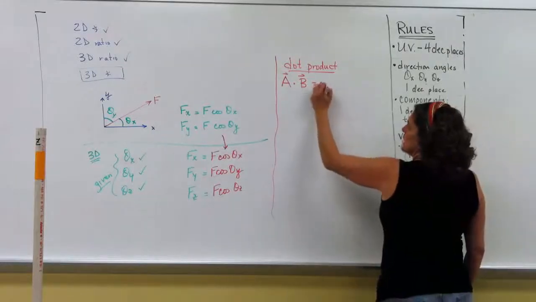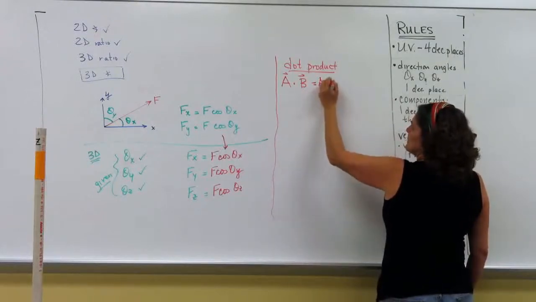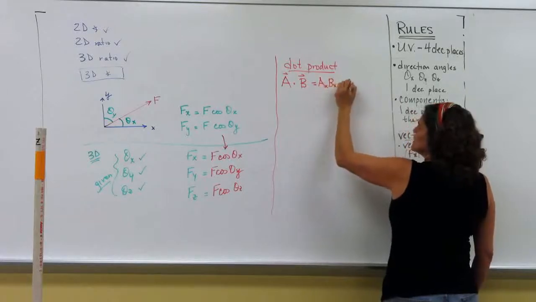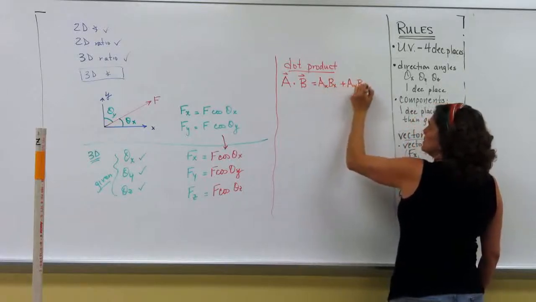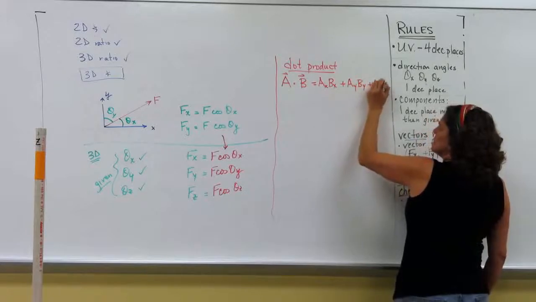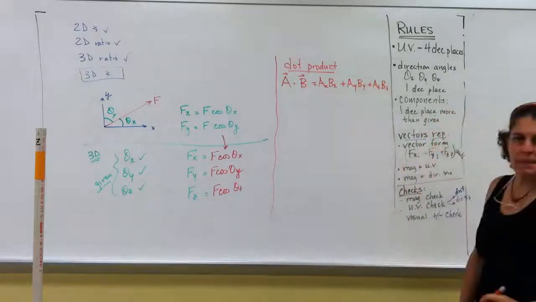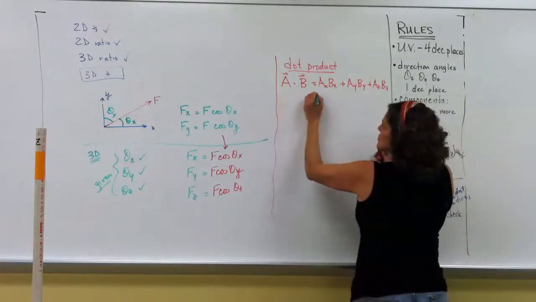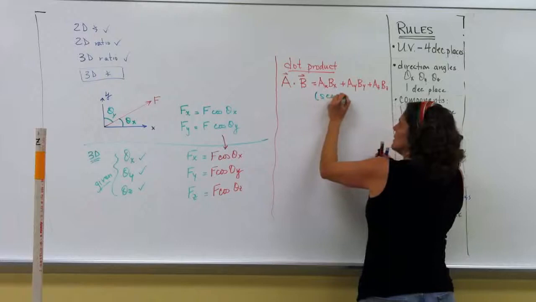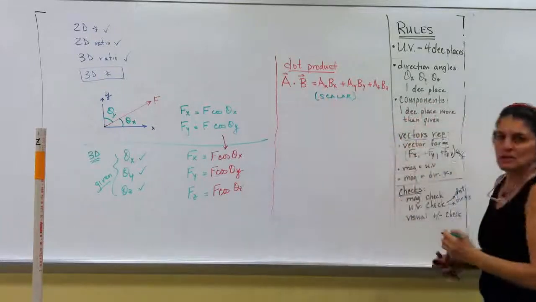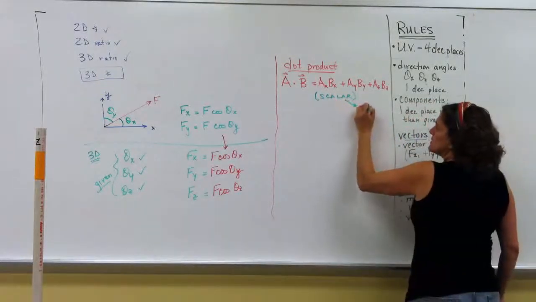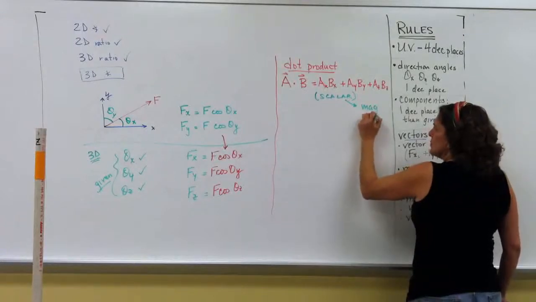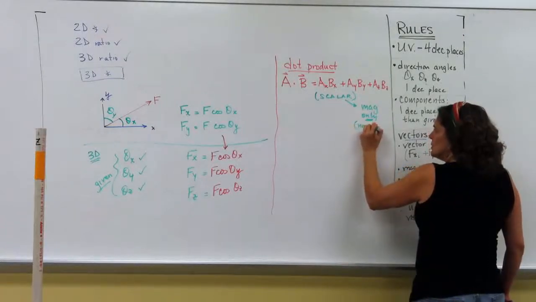One is you take the x component of A times the x component of B, plus the y components times each other, plus the z components times each other. Remember getting that? And what is the dot product? This turns out to be a scalar value, right? And how is a scalar different than a vector? A scalar only has a magnitude. Magnitude only. No direction.